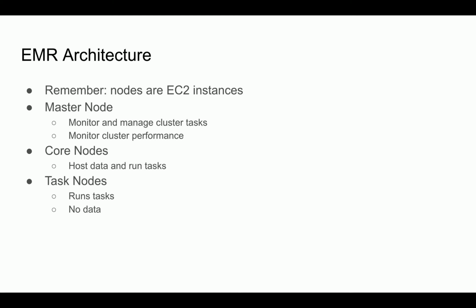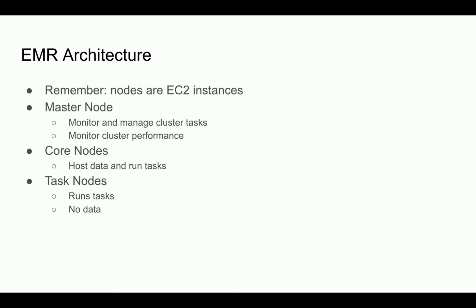You have one master node per cluster, and the job of the master node is to monitor and manage cluster tasks. So the master node distributes tasks to the other nodes, which we'll discuss in a second. The master node also monitors cluster performance. So if you have a node that goes down, it will be the job of the master node to realize that and then take appropriate action.